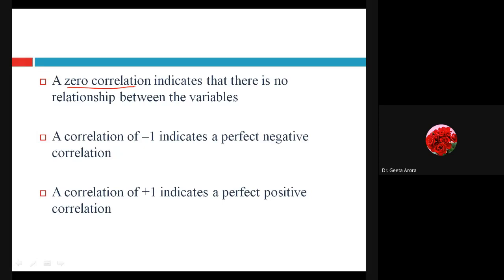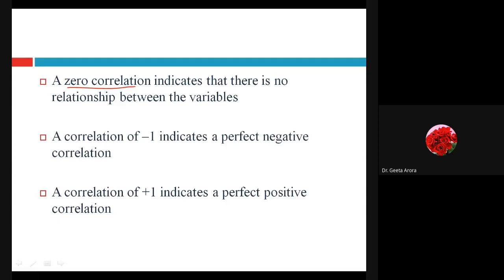When we measure the correlation and it comes as 0, there is no relationship between the variables, or actually, in our course we are learning linear correlation. So if I have calculated the correlation and it's coming as 0, I can say there is no linear correlation. It might be possible that the two things are joined in some other way. Correct? So here we are talking about linear correlation.